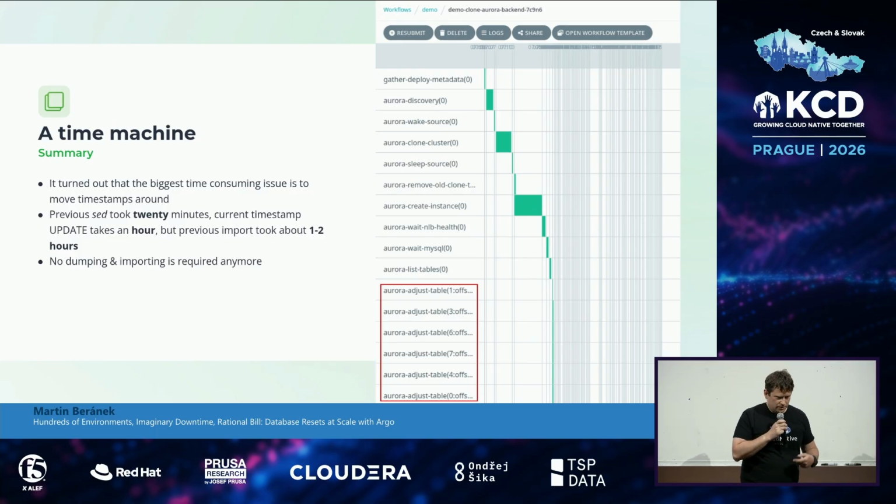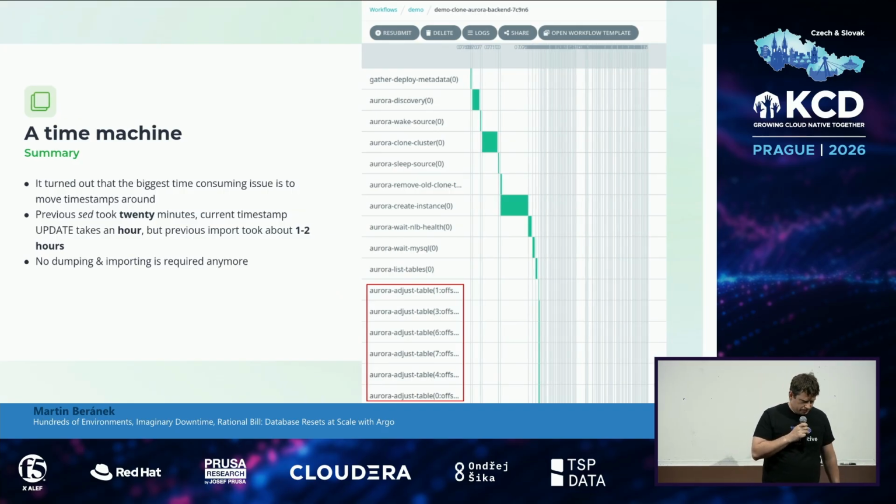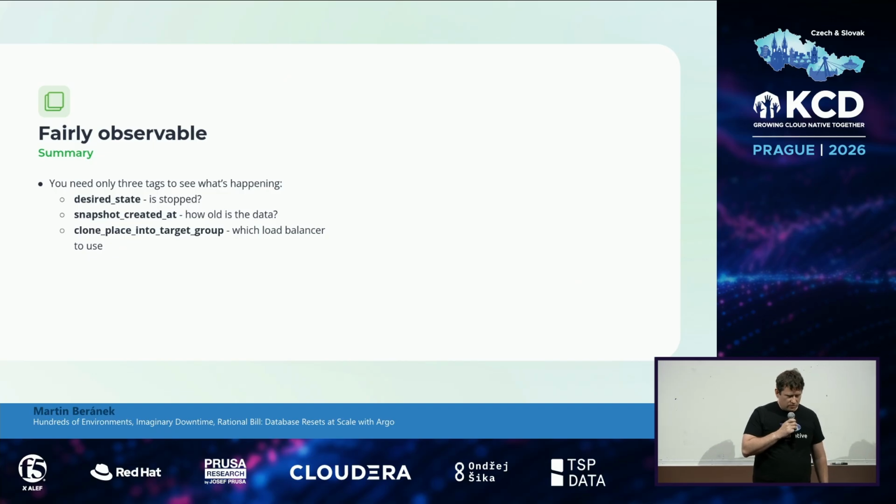The support regarding that is just something really old. And after doing some benchmarks, it turned out it's still easier to run the jobs aside, 500 of them, and adjust the timestamps separately from the database. It's fairly observable. If you are familiar with these three tags, you can create your demos, run the workflows. It's nice.